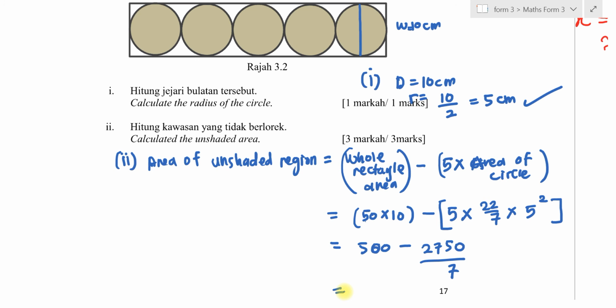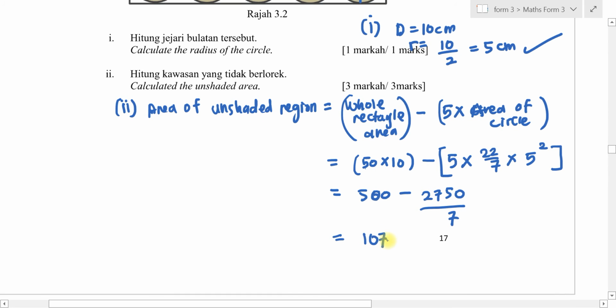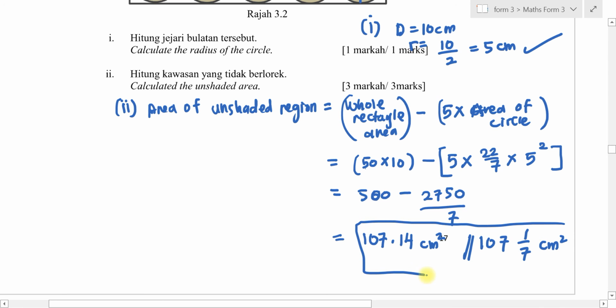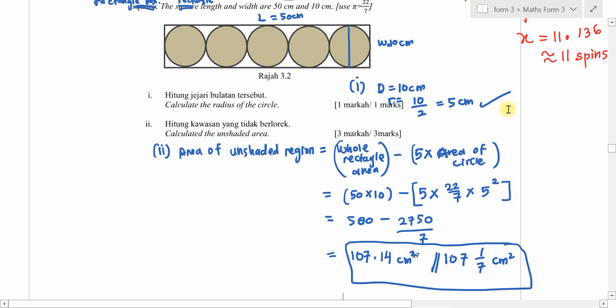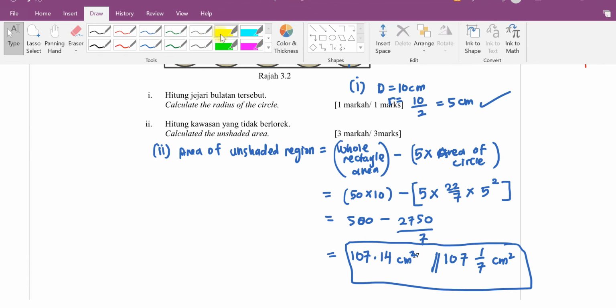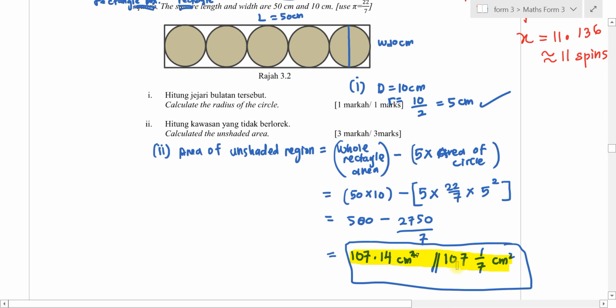So I'm getting 107.14 centimeter square, or you also can give the answer in this way. Final answers, I highlight them.